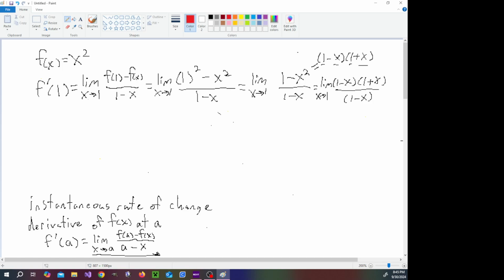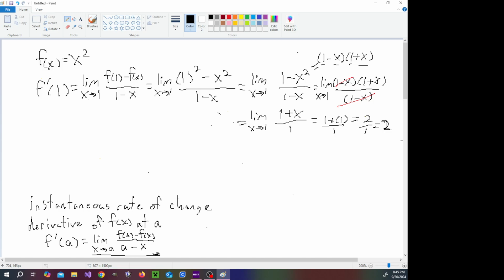And with our limits, we can cancel our terms just like that. So this is the limit as x goes to 1 of, I'm left with 1 plus x over 1. Well, this is now nice and clean and continuous, so I get to just plug in my limit for this function. So this is 1 plus 1 over 1, which is just 2 over 1, which happens to just be 2.